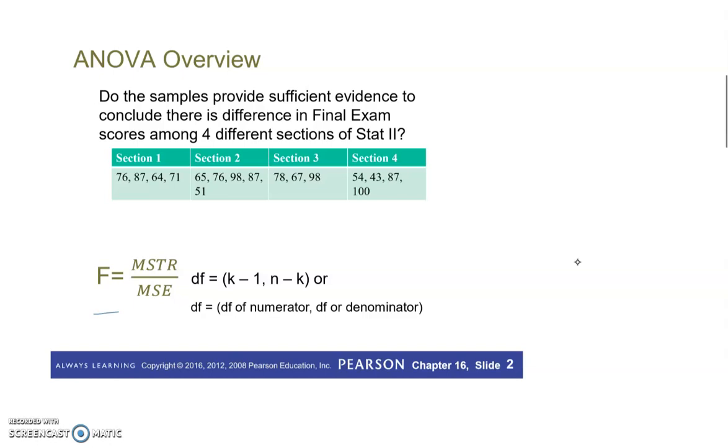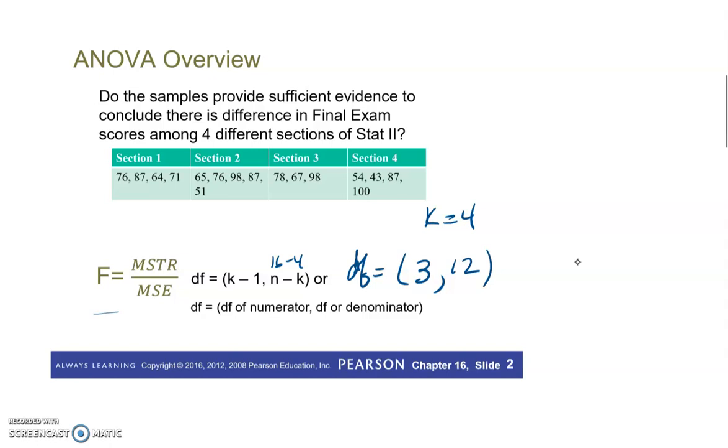So for this particular problem, if you recall, our k is 4 because we have 4 populations. So our degrees of freedom here is going to be 3. 4 minus 1 is 3. And then we had 16 total minus that 4, 12. So when we look at our chart, we're looking at 3, 12.